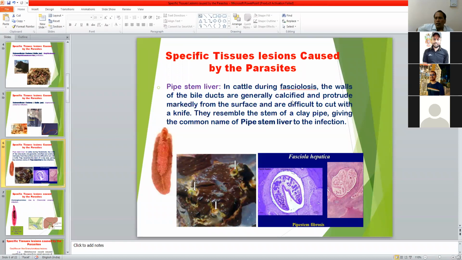On the basis of the bile duct structure it is known as pipe stem liver. This important lesion occurs during chronic fasciolosis infection. It does not occur in acute, only in chronic, because the adult fluke causes it, so it appears in chronic infection; only after a long-time infection will pipe stem liver be found in the infected host.